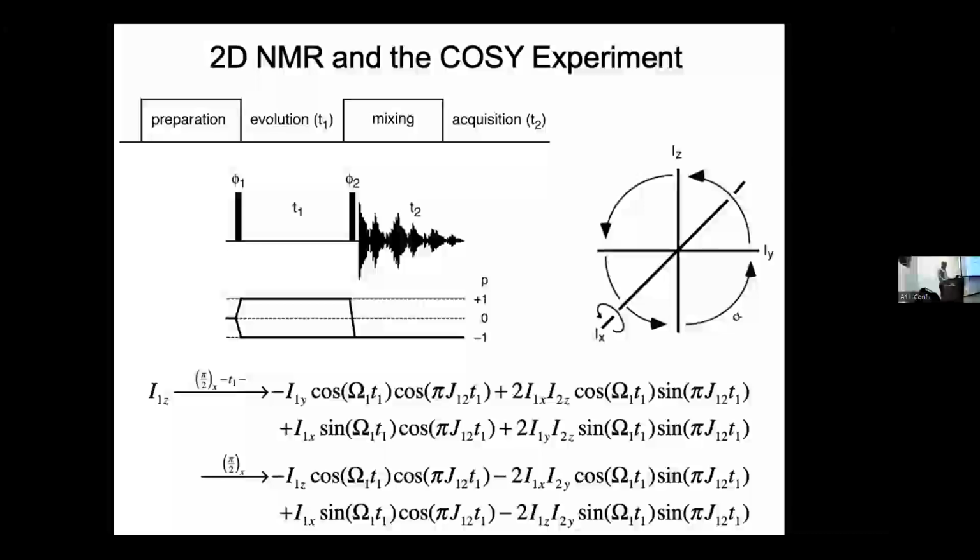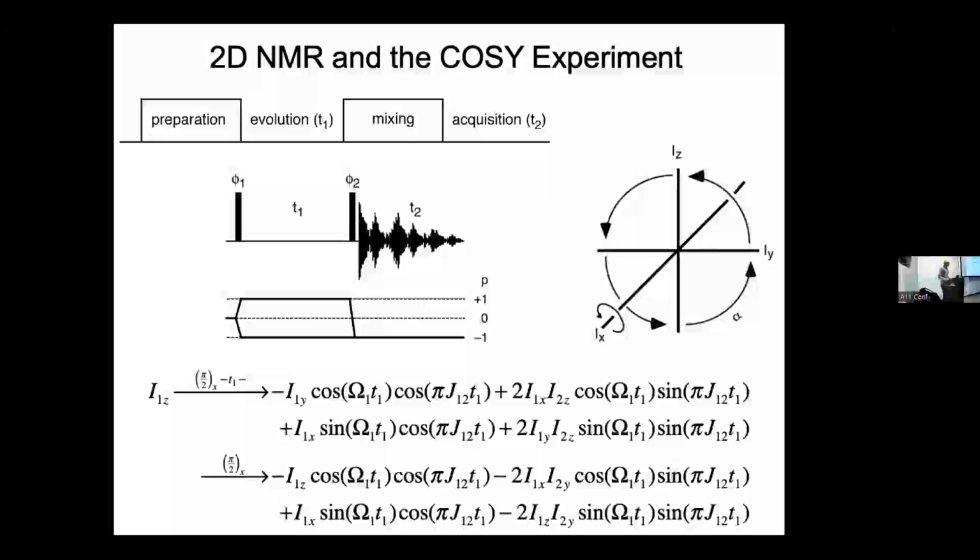And is it in phase or antiphase doublet? It's going to be antiphase because IZ we could write as 1/2 S alpha minus S beta. So one of the lines is up and the other line is down.